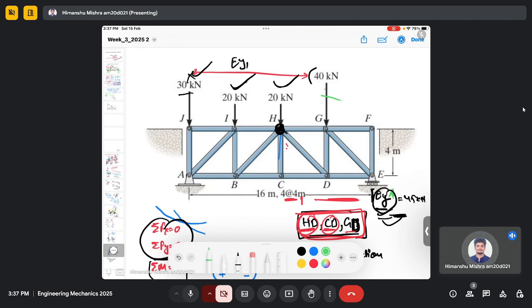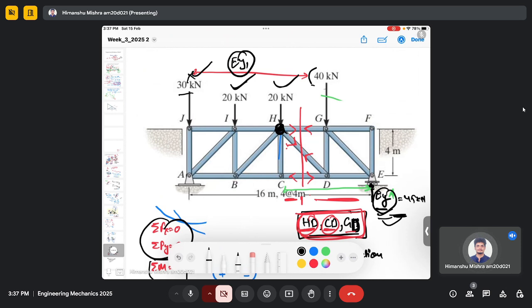So you can see that. So these are my cut members. EY has a perpendicular distance from H to EY, which is 8 meters. So EY will have a moment about point H.